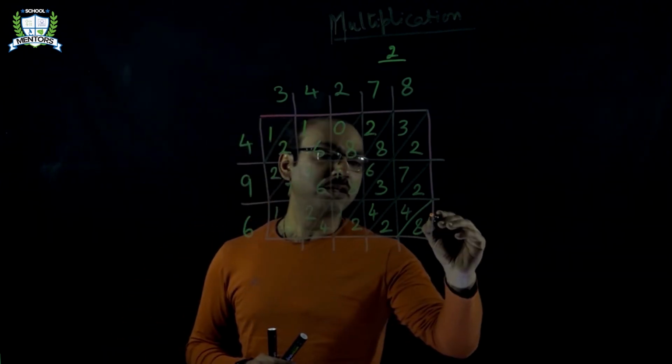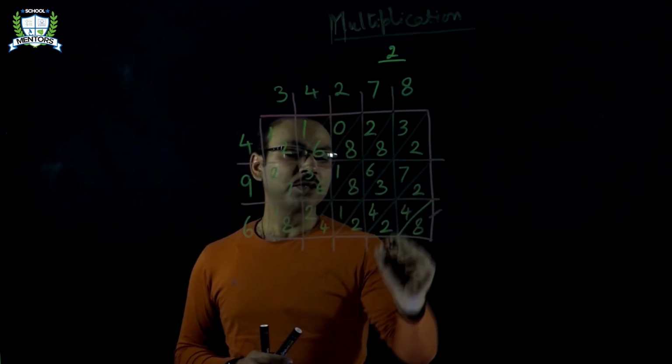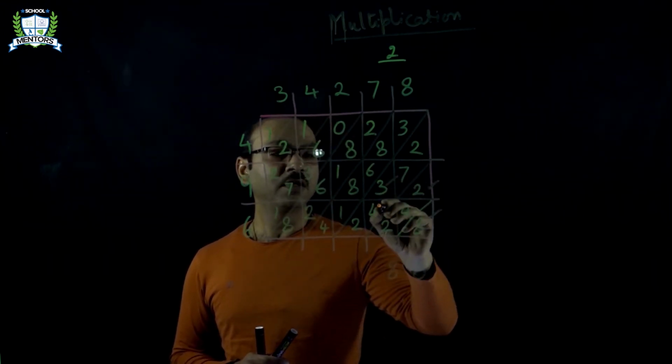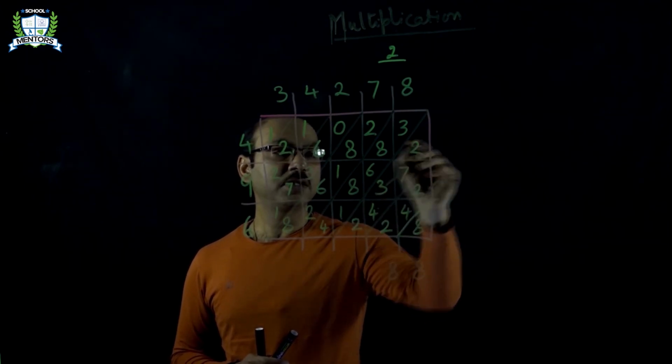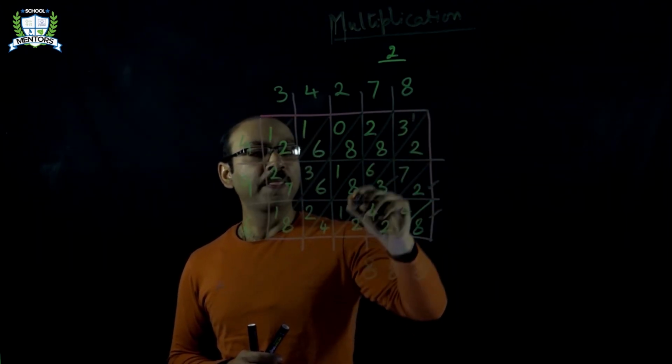Now adding diagonally, the first digit of the answer would be 8. 4 plus 4 is again 8. So this is done. 7 plus 3, 10. 14, 15, 16, and 18, again an 8. 1 is carried forward.